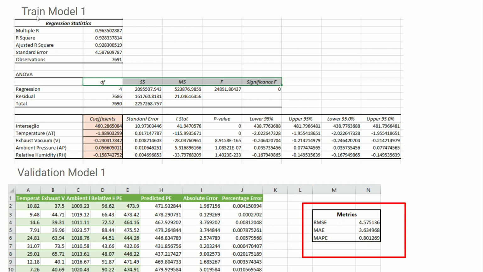I use the train set to calculate the coefficients, and then for my validation set, I calculated the predicted PE, the absolute error, and the percentage error. The final metrics were calculated for the validation set.